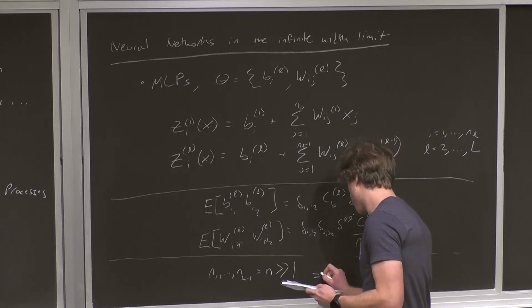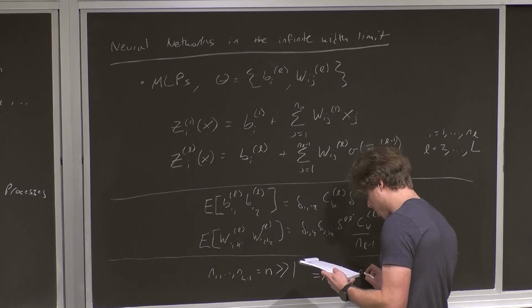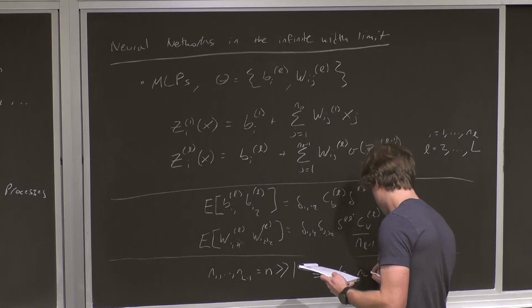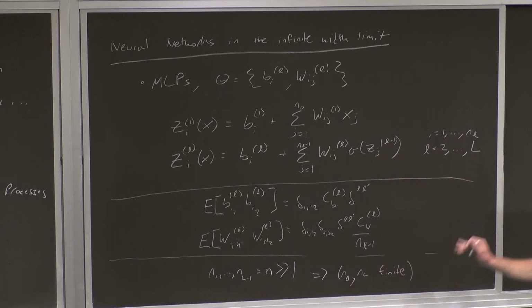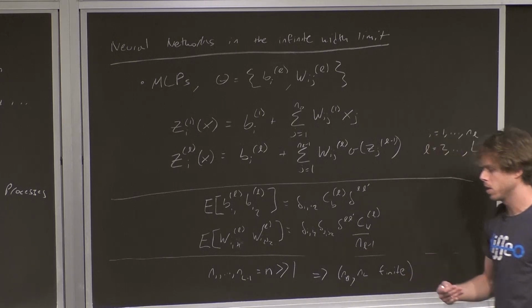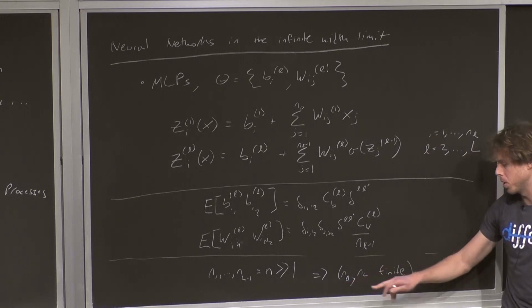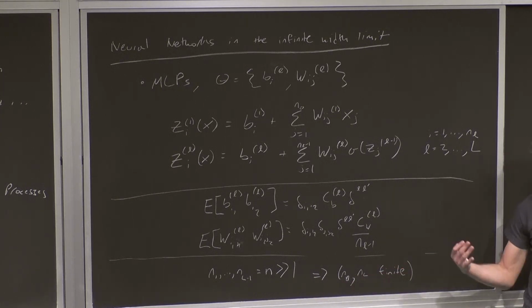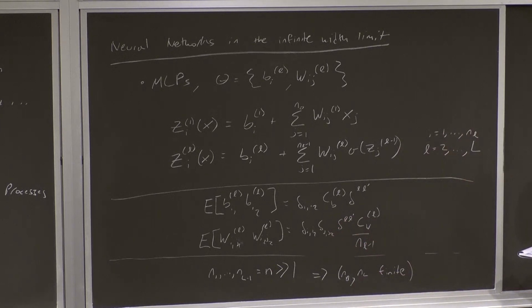This also means, however, that the input and output dimensions can stay finite. So we can still use this analysis, and in fact, we can practically use this in terms of doing inference on a practical data set that has some finite input dimension and a finite number of output, say, classification categories. So it's just the hidden layers in the middle that we're taking to be very large.